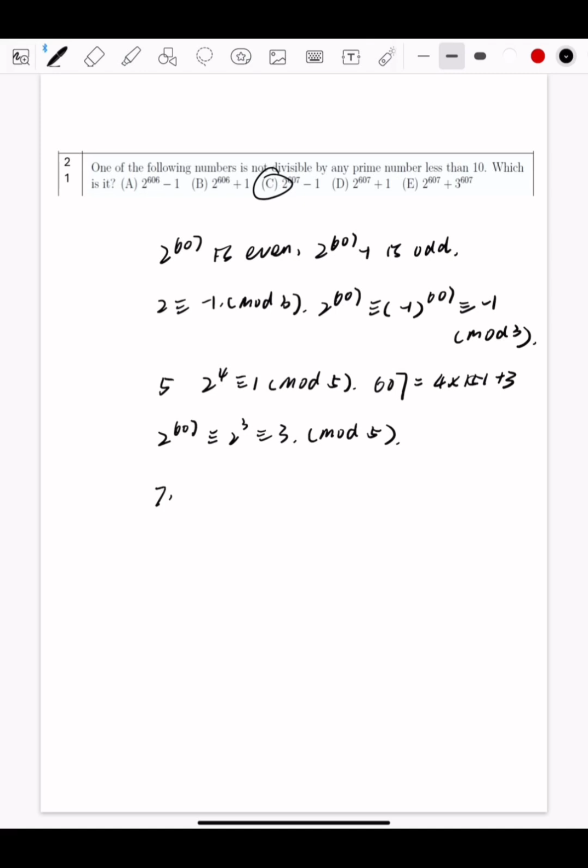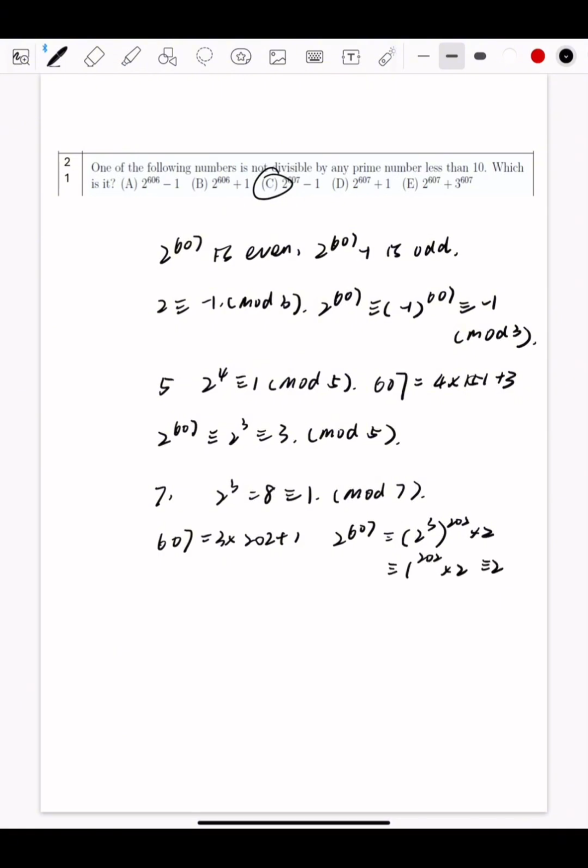When we talk about 7, here, and the answer, so that is not divisible by any prime less than 10.